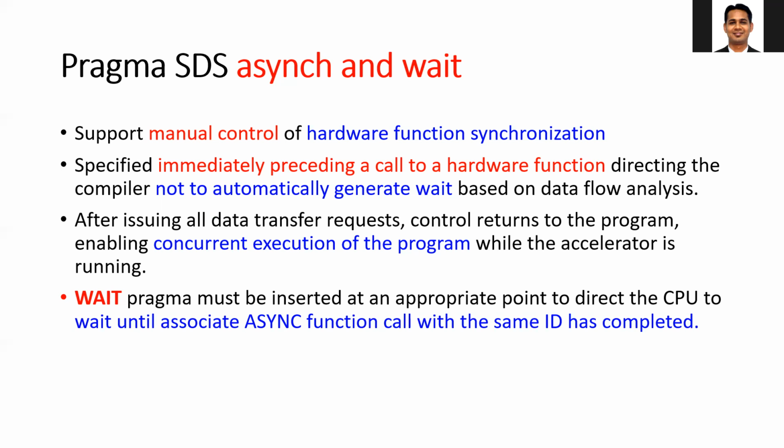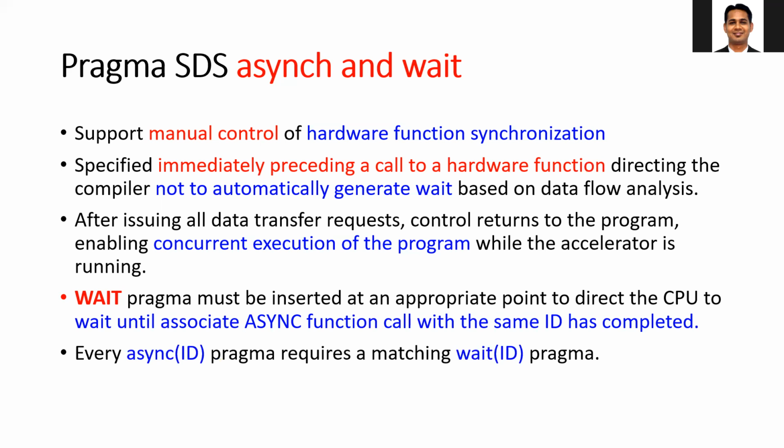You need to insert the wait statement on your own at that particular point, to make sure that your IP completes the task which was assigned using the async pragma. You will come out of the wait statement after the IP finishes the remaining task.